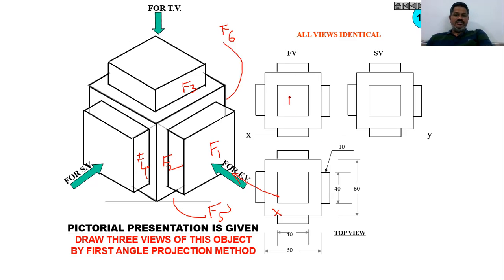As I said, this is our F1 and this is our F2. So this shape is F2, then F3. This is our F3, then this is our F4, then this is our F5, and this is our F6, which you cannot see.